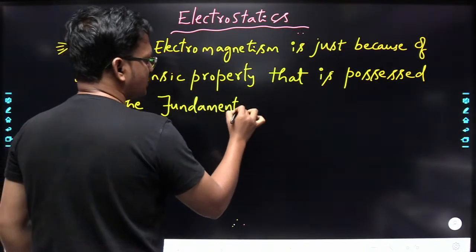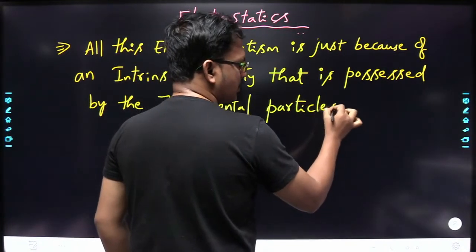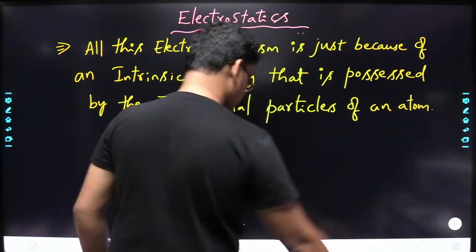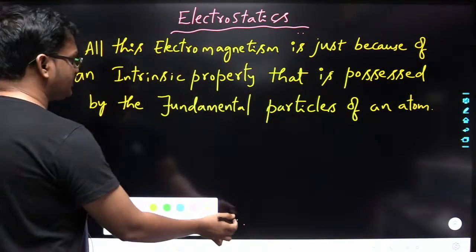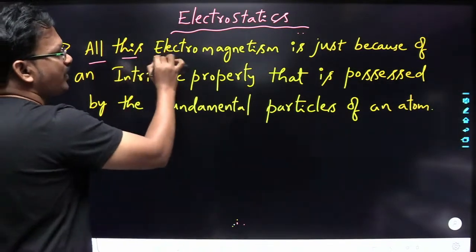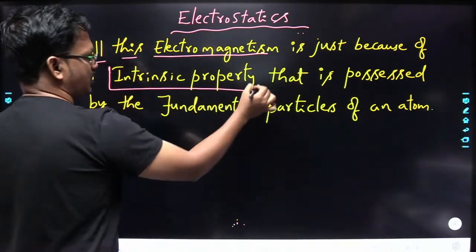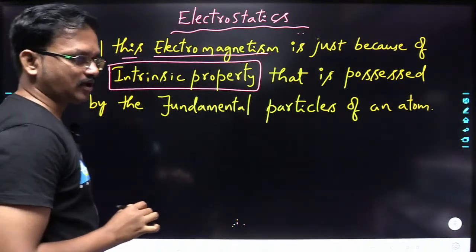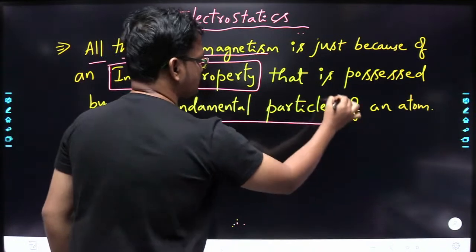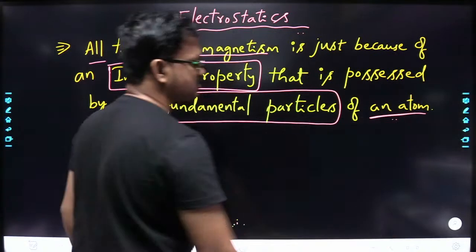See what I am saying. I am saying that all this electromagnetism is just because of what here? Is just because of an intrinsic property that is possessed by the fundamental particles of an atom.